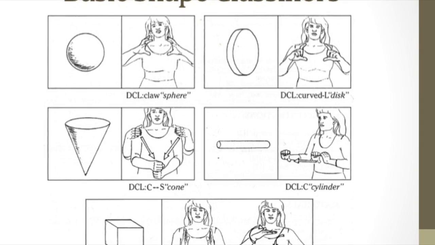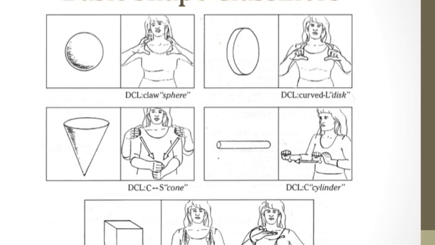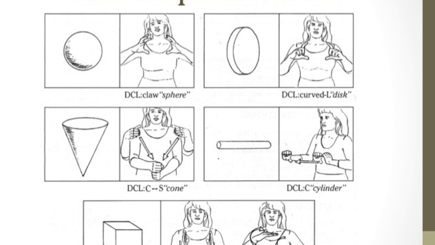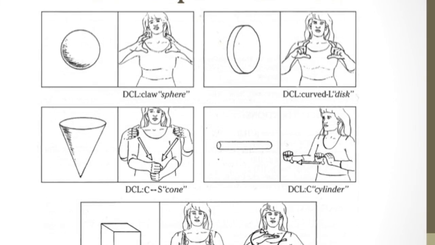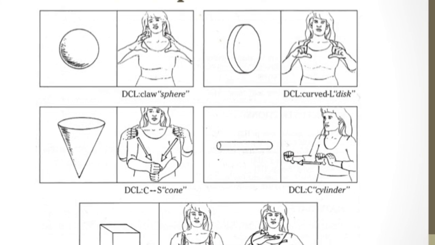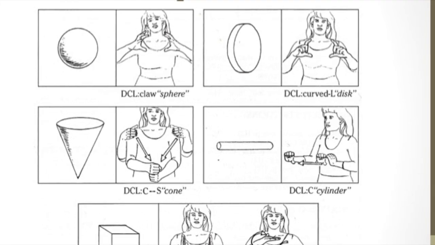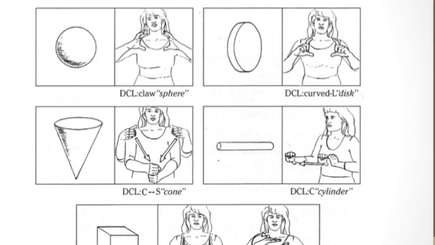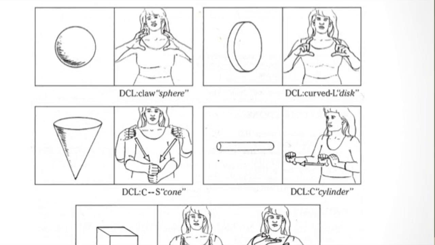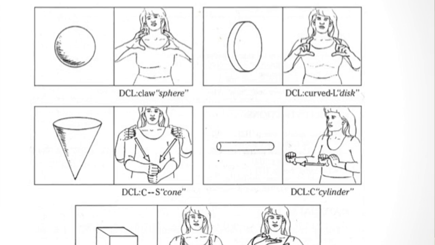All cylindrical things use a C or an F hand shape depending on size. C is for a large or a medium cylinder, and F is for a small cylinder. And all square-shaped things use B hand shapes, or for very small cubes, G hand shapes.